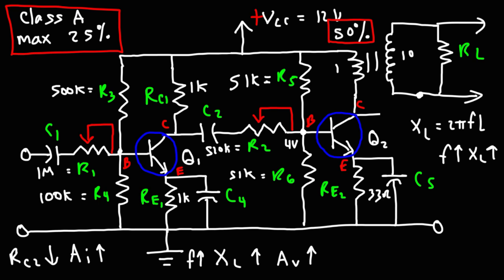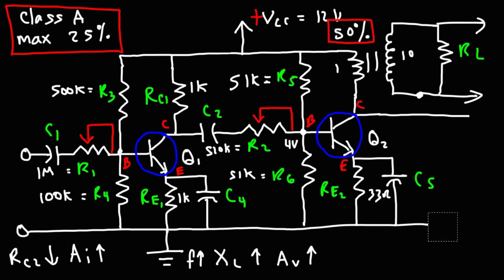Now, even though the use of the transformer will favor high frequency signals over low frequency signals, there are things you can do to compensate for that. One way in which you can increase the bass of the signal at the output is by adding a capacitor between ground and the collector of the transistor.